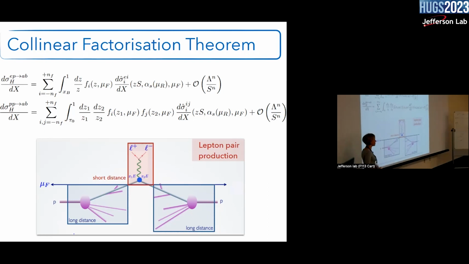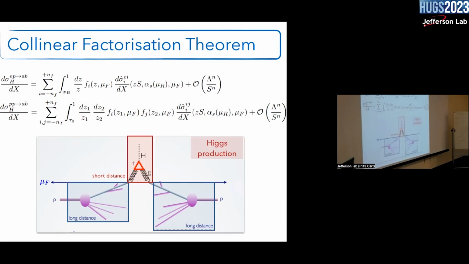And this is the collinear factorization. The fact that we can put away the collinear part into a redefinition of the proton, which is universal, is what tells us that no matter what happens here, whether we produce a lepton, anti-lepton pair or a Higgs boson, the part that we have here at the bottom is always the same.